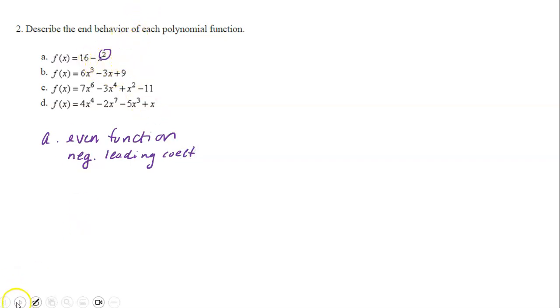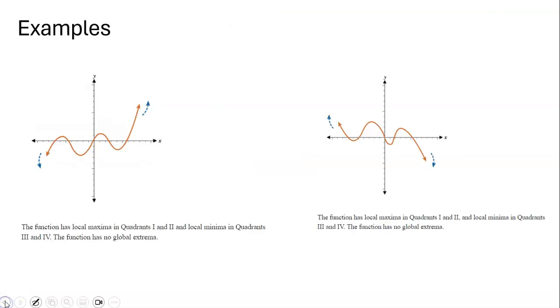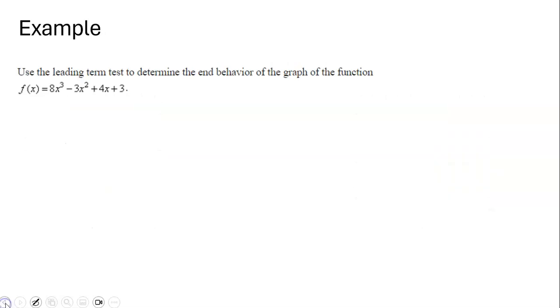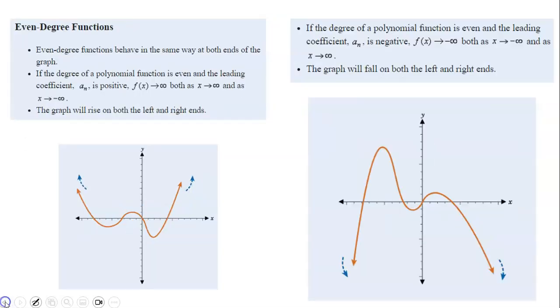So if I go back, even function, negative, so this is what I have. f of x goes to negative infinity as x goes to both negative infinity and positive infinity.